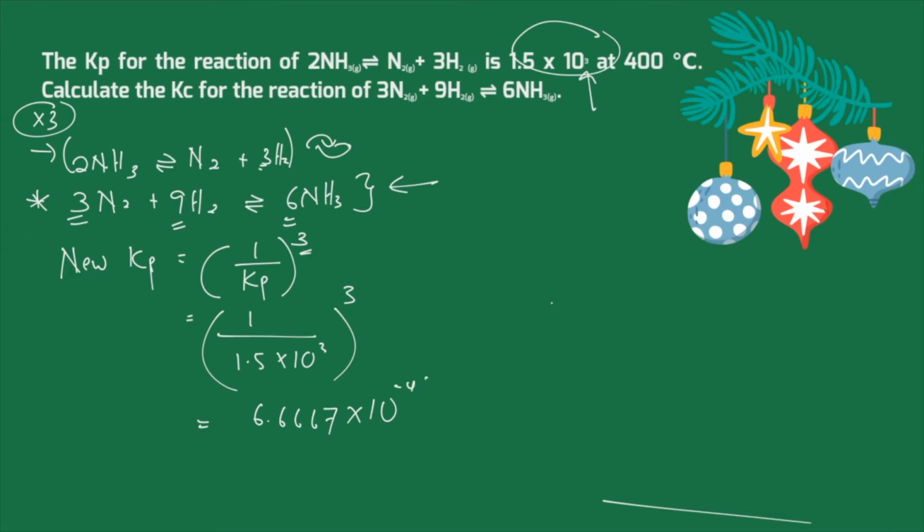Then you still have to do the power of 3, so the new Kp is equivalent to 2.9630 times 10 to the power of negative 10. This is the first step. Only then can you get the value of Kc for this reaction.